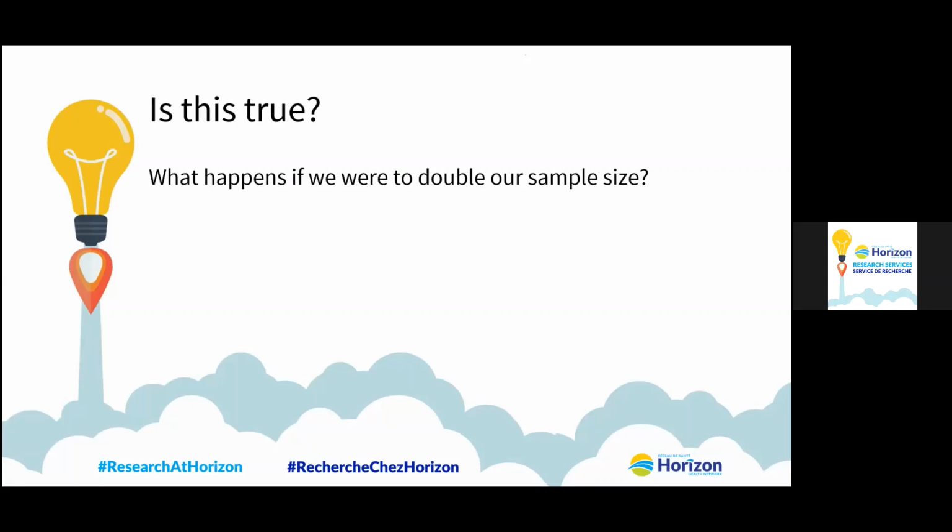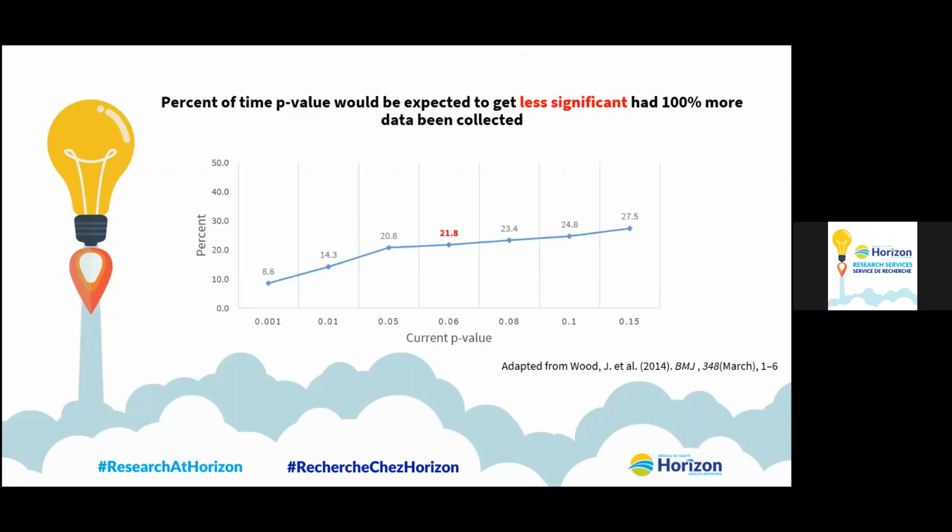So Wood and others presented 3 scenarios related to sample sizes and their impact on analysis of the data, and I'll present them here. So the first scenario they give is related to the percent of time that a p-value would become larger, so less significant, if you doubled your data for the analysis.